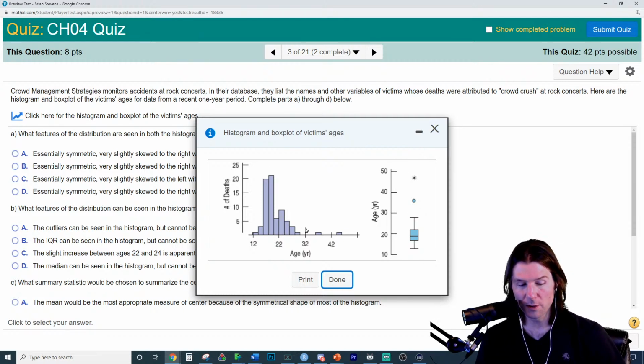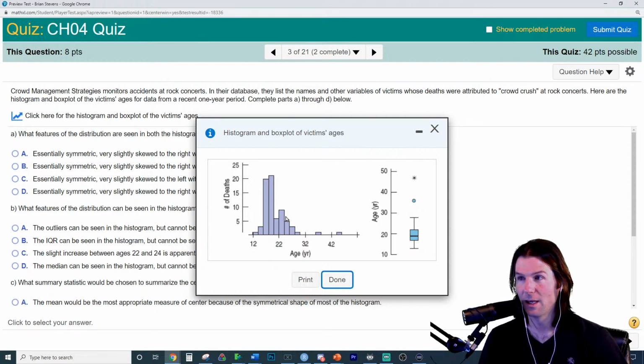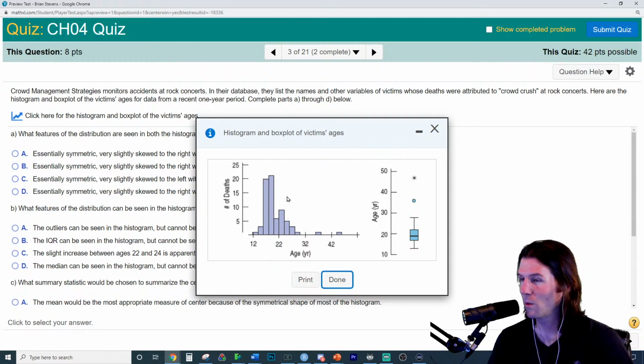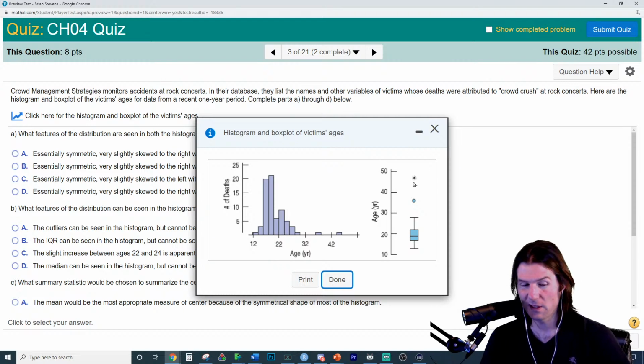It is a unimodal distribution with some right skew, very little bimodality. I'm going to say mostly unimodal. I don't really consider that a second mode, because you could just cut that portion off and it would not be a second mode. It's a small second mode, but mostly unimodal, with some outliers. The range of the data looks to go from about 12 to 46.